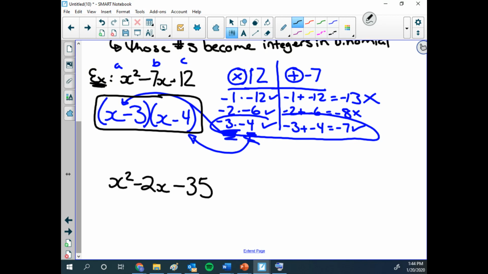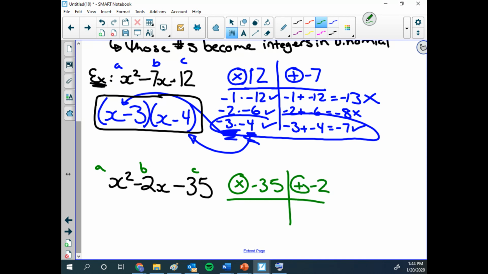Or what terms got multiplied together to give me x squared minus 2x minus 35. So once again, I have to look for a, b, and c. A is equal to 1, so I can use this shortcut strategy where I'm looking for two numbers that multiply to, thank you, -35, and they have to add to -2.